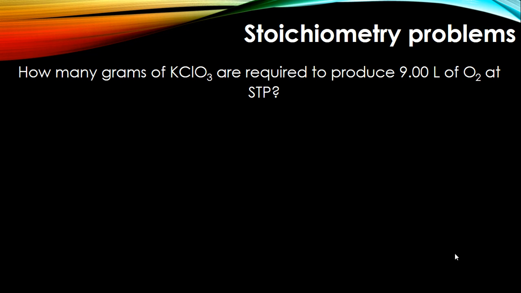Okay. So how many grams of potassium chlorate are required to produce 9 liters of O2 at STP? So again, I have my balanced chemical equation. My unknown is grams of potassium chlorate, and my given is 9 liters of oxygen gas.